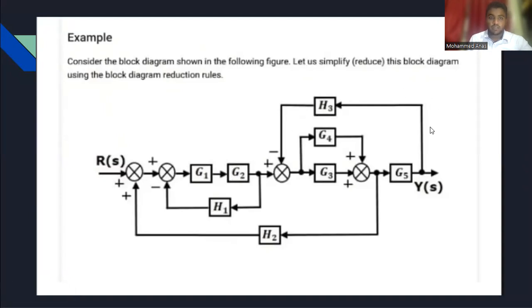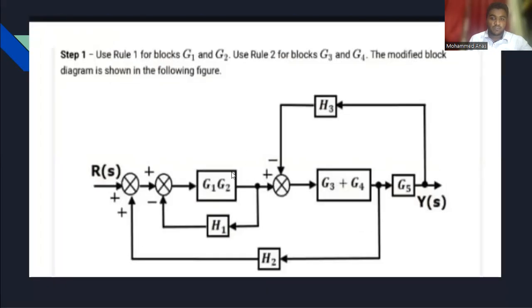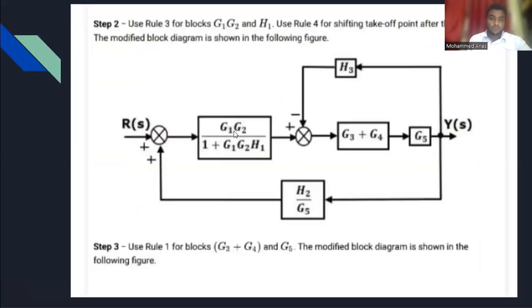After multiplying, you will get this. Step 2, use rule 3 for the blocks G1, G2 and H1, and use rule 4 for shifting the takeoff point after the block G5.